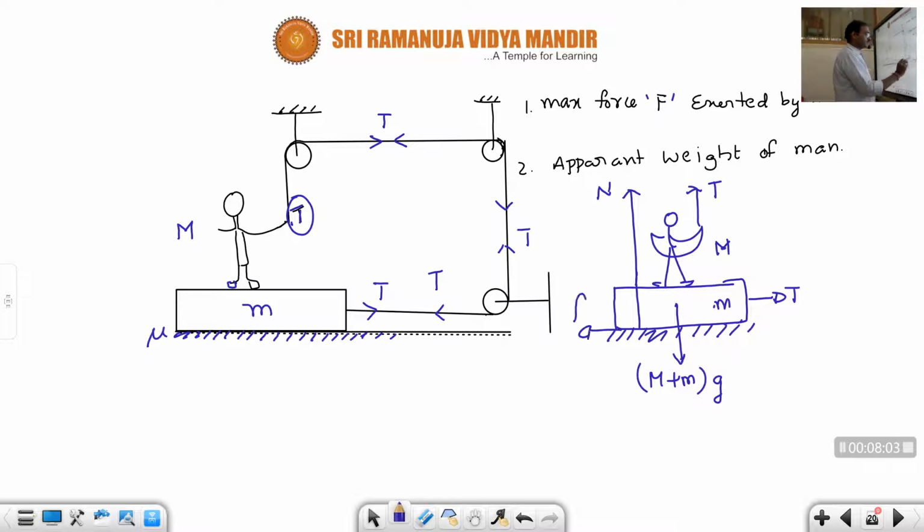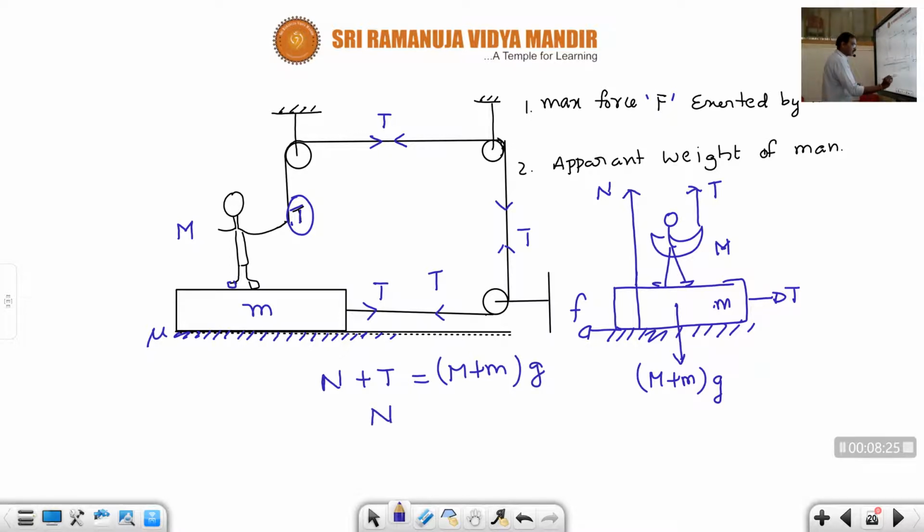Now this is the frictional force F. Under the equilibrium condition, along the y-axis, N plus T is equal to capital M plus small m into g.